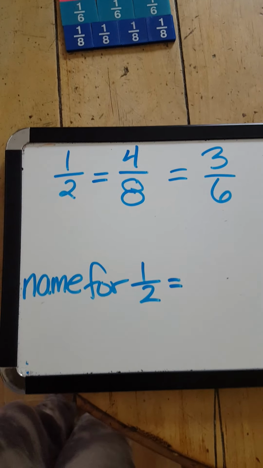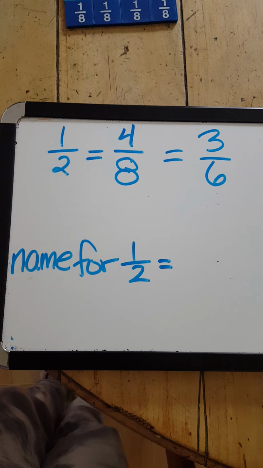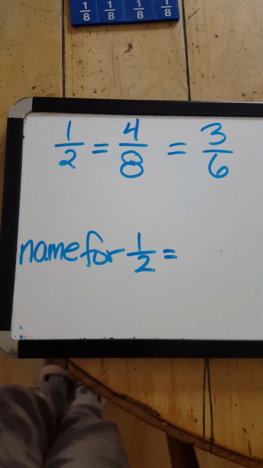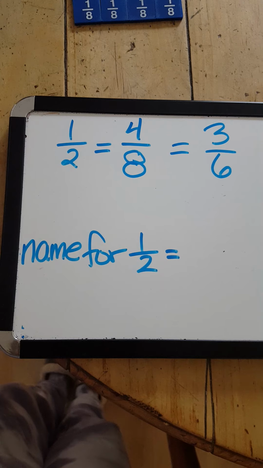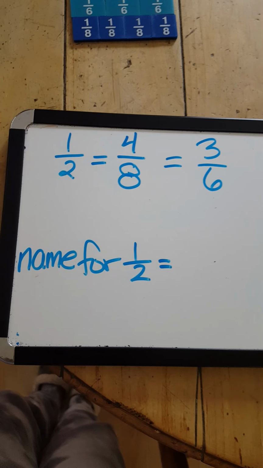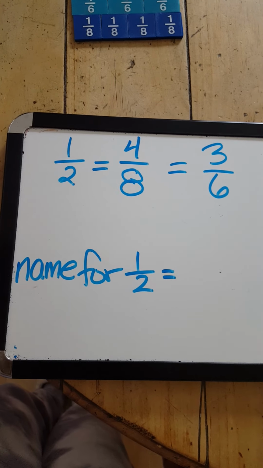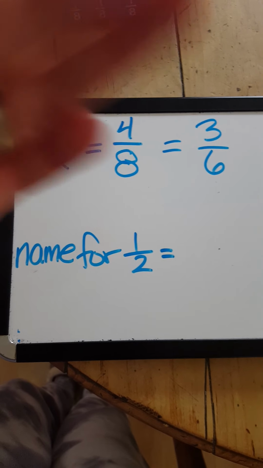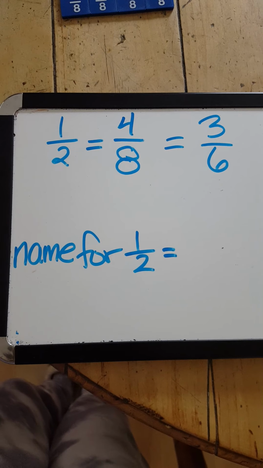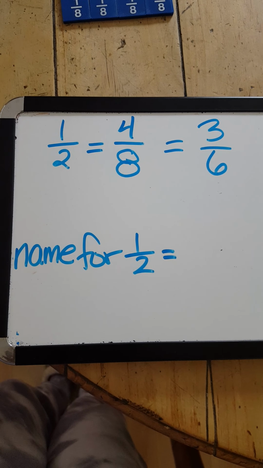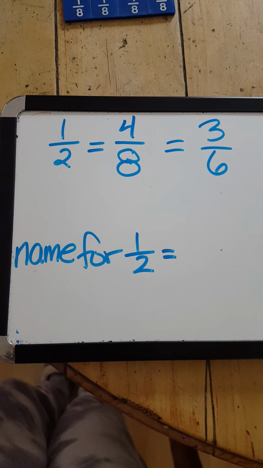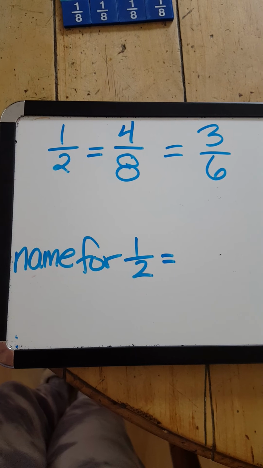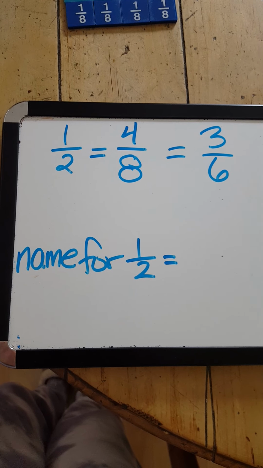Now, looking at these fractions, how do we figure out what the simplest form is of the fraction? So when we're talking about simplest form, we're talking about, can we divide, the operation is division, can we divide the numerator and the denominator by the same number and shrink our fraction down to the simplest form?